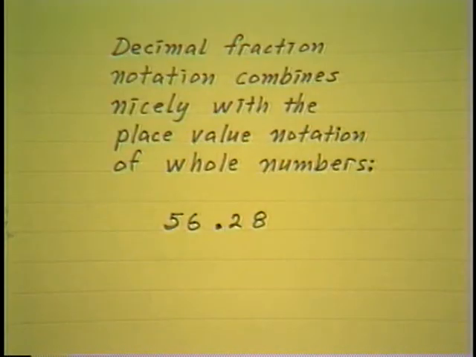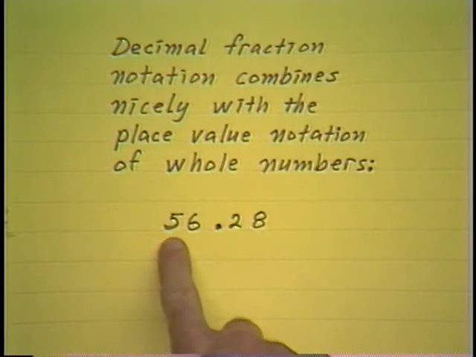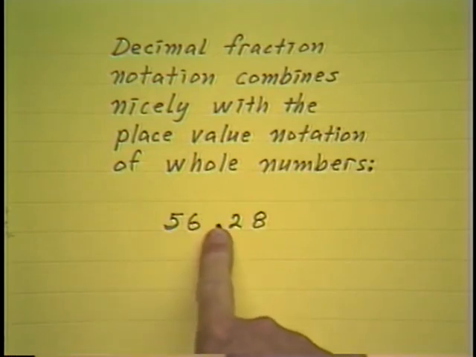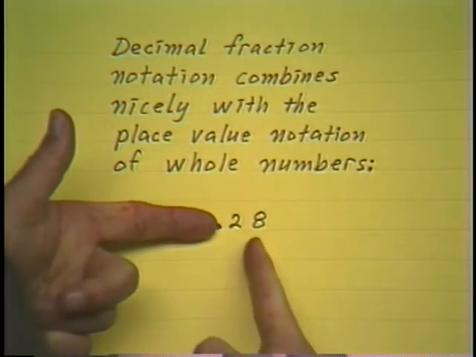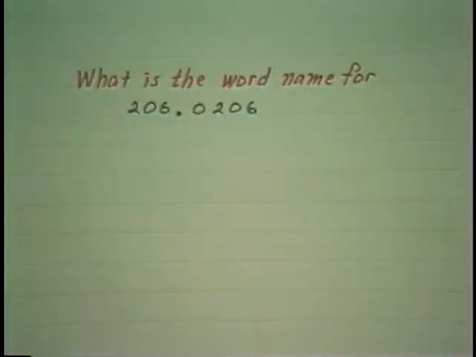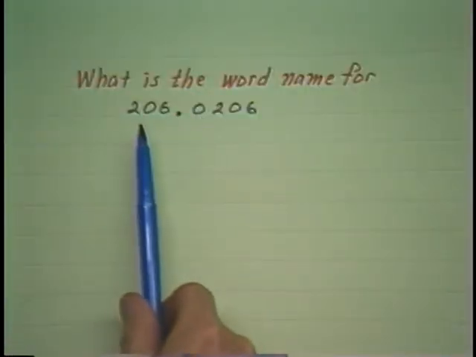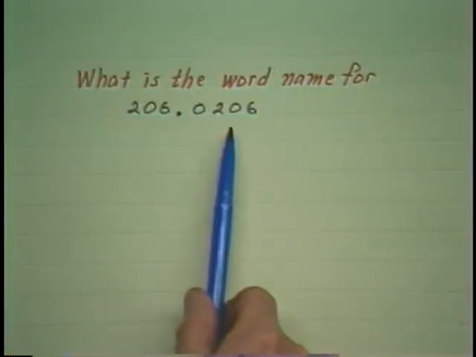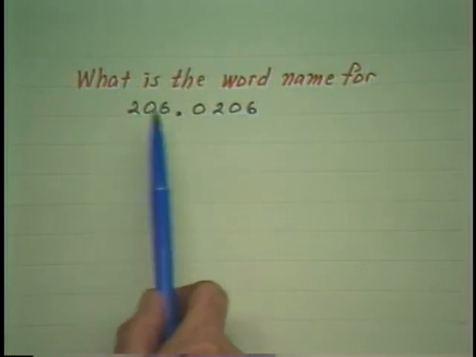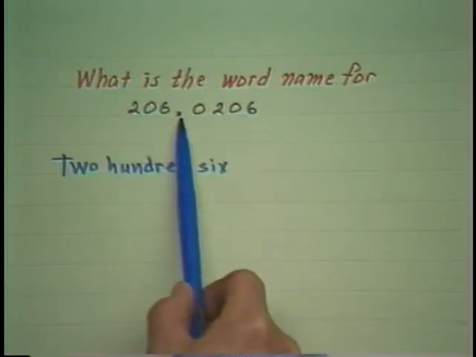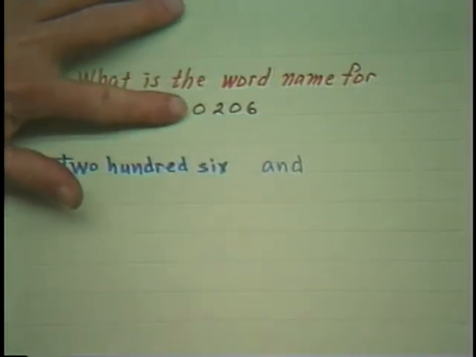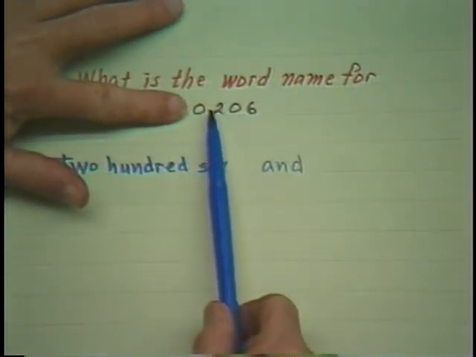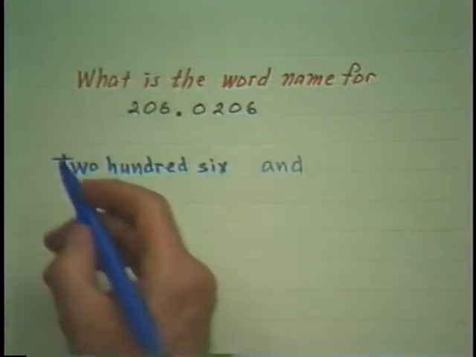Now coming back and putting the decimal together with the whole number, we read it's 56 and 28 hundredths. A number like this in place value form we would write as 206, and now the decimal portion you pretend like it's not there, and that would be the number 206 again.